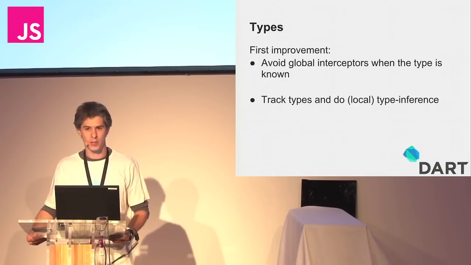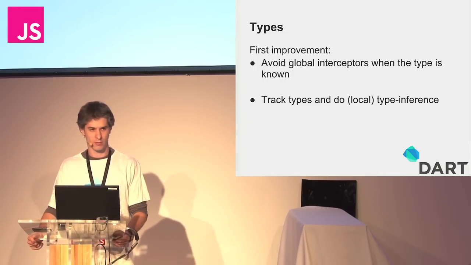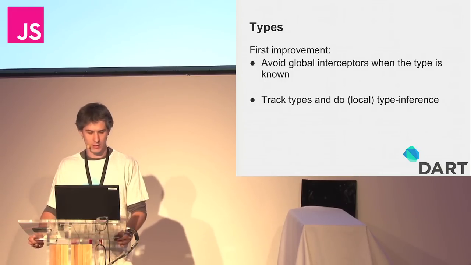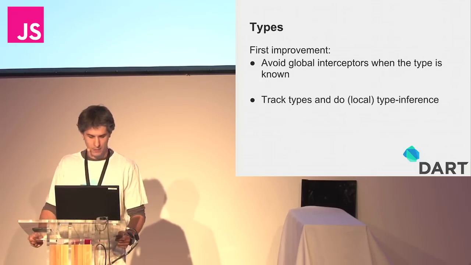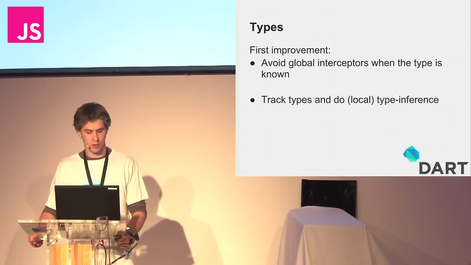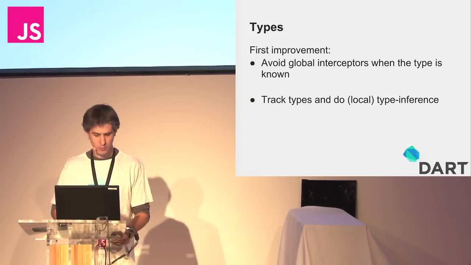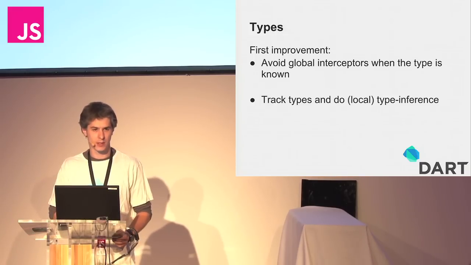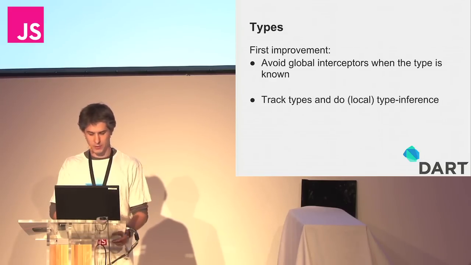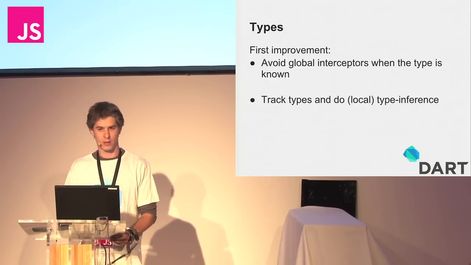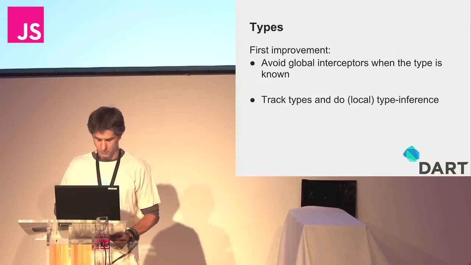You don't need to use an operator if you actually know the type of the arguments. In this case, you can simulate the inlining of this static function call and avoid the call to the global interceptor. So by tracking the types, and in particular the local types, and doing a little bit of type inference, we can improve massively on that code.